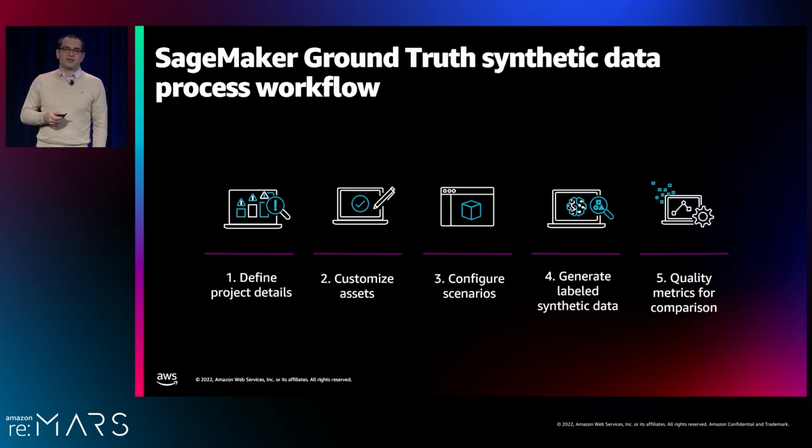When we create the data set, we roughly follow the following steps. We're working with you to define the project goals. Our digital artists will create assets, based on your requirements and based on the objects you have in your scene. Our experienced operators will set up the scenes using the mechanism I discussed earlier.